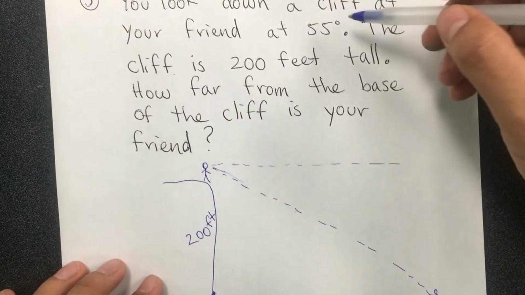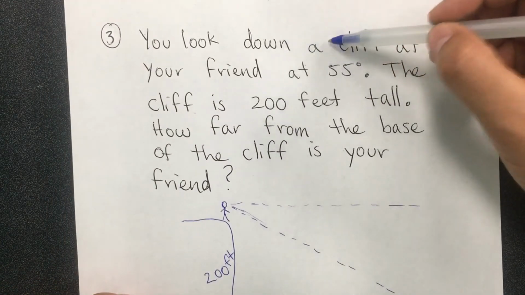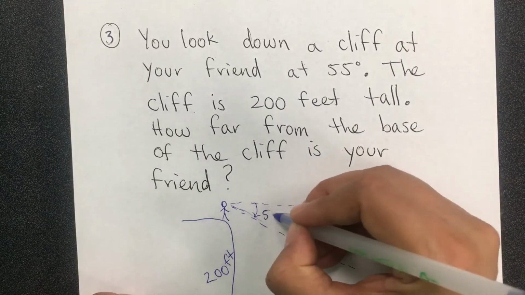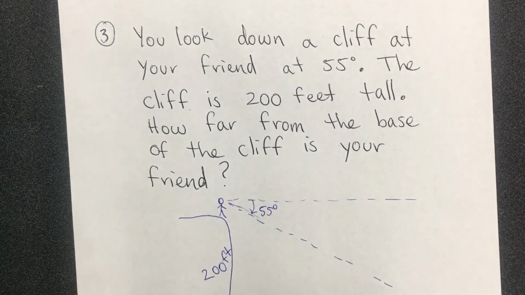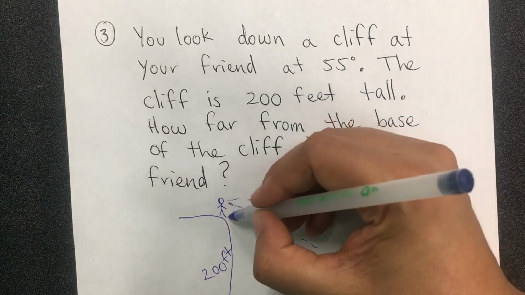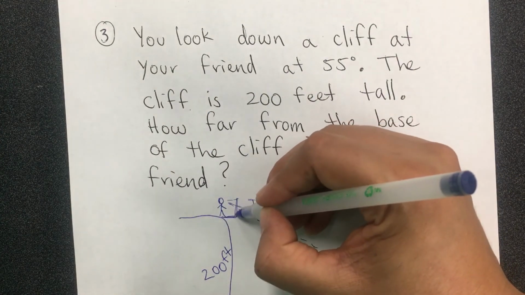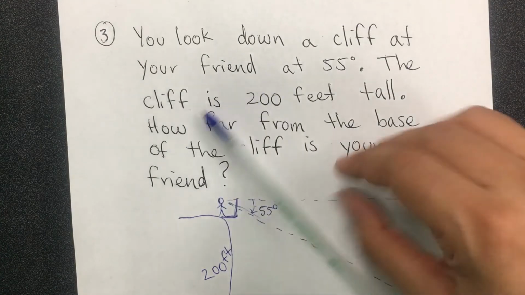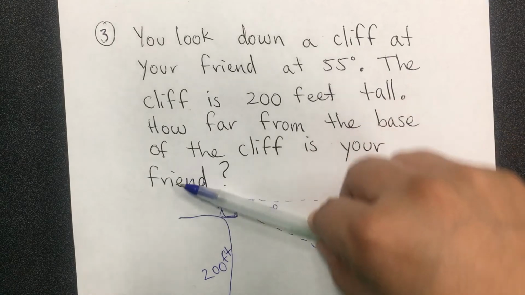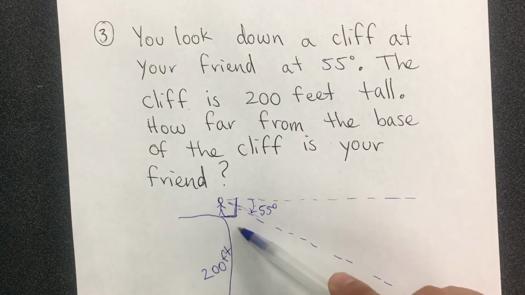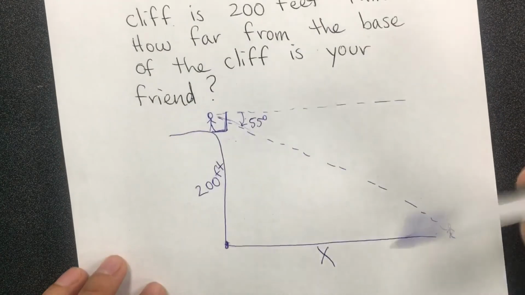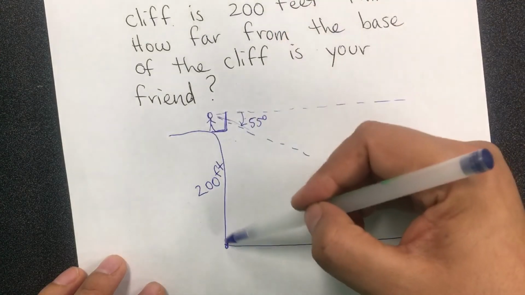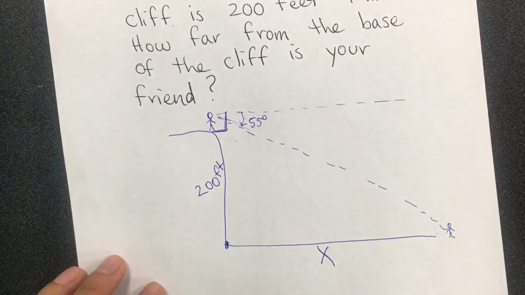One thing that you need to notice is that you're looking down from here to here, and that's at 55 degrees. So the whole thing here is 90 degrees. Whenever you're looking down, you have to subtract, because the angle that we need to use is the one inside of that triangle formed by the 3 points: your friend, yourself, and the base of the cliff.